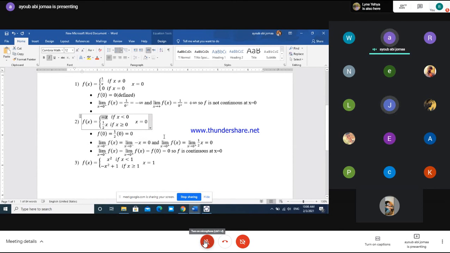In fact, if you replace a number slightly less than 0, let's say negative 0.1, you get positive 0.1. So the limit is approached from the upper part of 0, very close to 0 but slightly above.